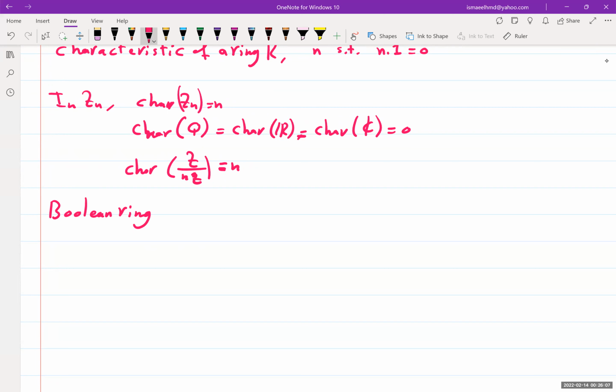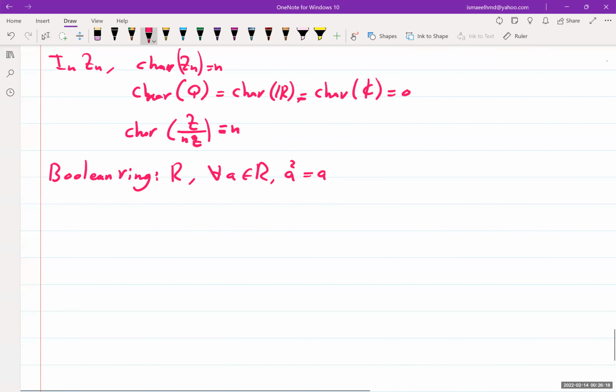A Boolean ring is a ring R such that for each a in R, a squared equals a. A ring with this property is called a Boolean ring, and this ring always has characteristic equal to 2.